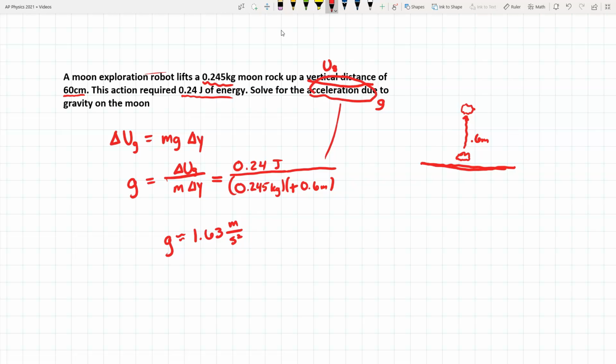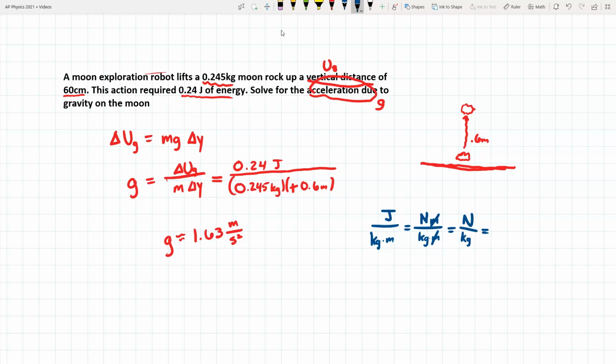Let's just double check for funsies. If I have a joule over a kilogram times a meter, a joule is a newton times a meter. Right away, these meters can cancel, and I'm left with a newton over a kilogram.